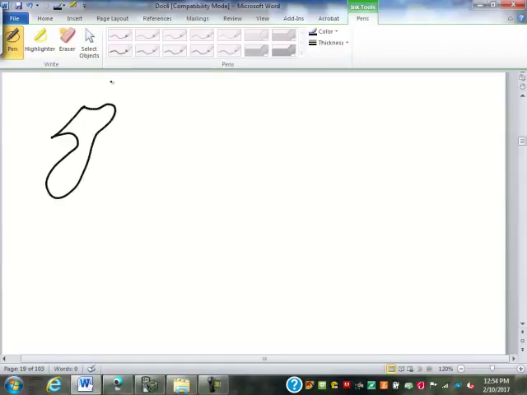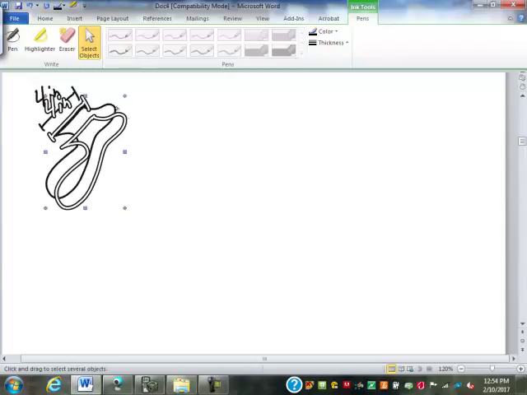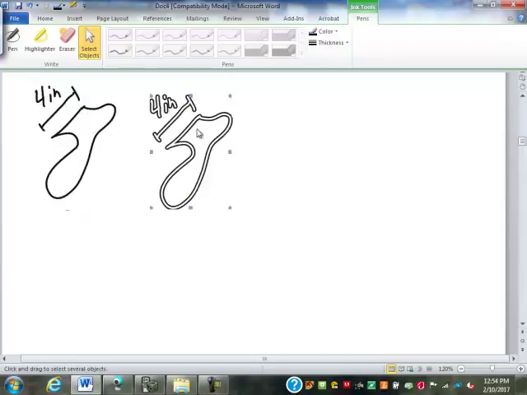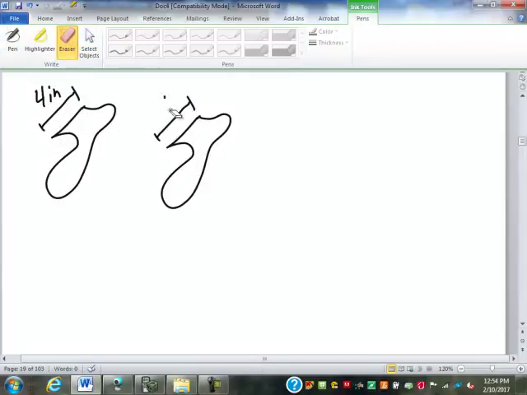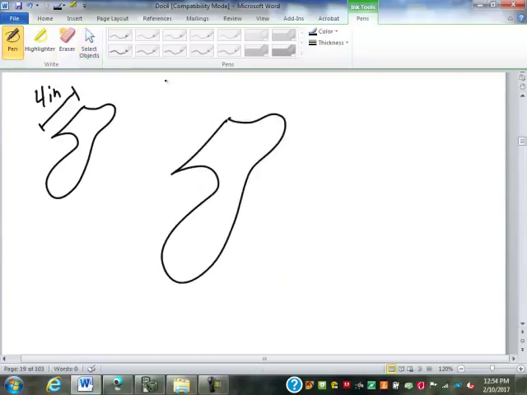So let's say I've got a weird shape like this. And I know that this is 4 inches here. And let's just blow this thing up a bit. And let's say that this now expands to be 7 inches.